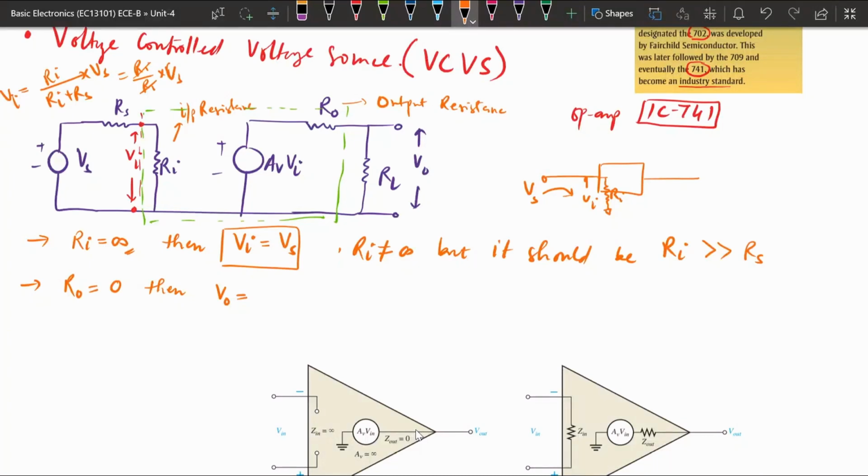That voltage will appear directly across this RL only if R out is 0. Then V output will be equal to AV into VI.